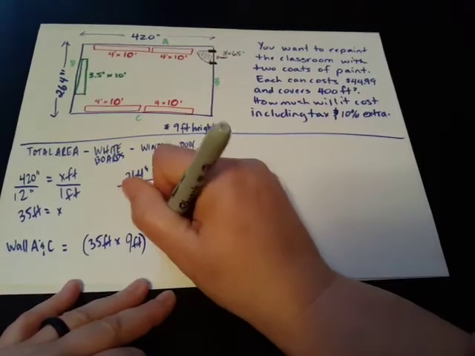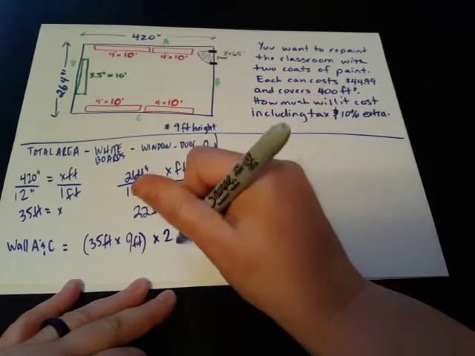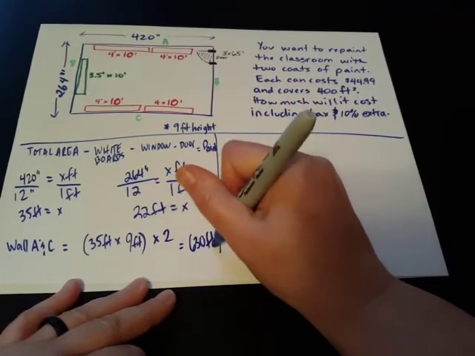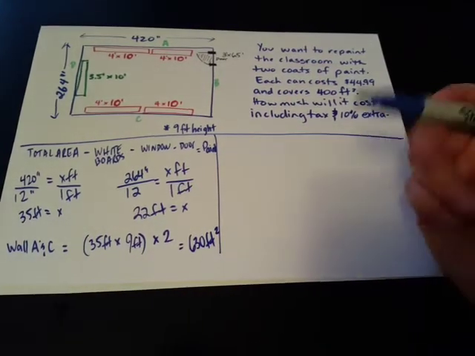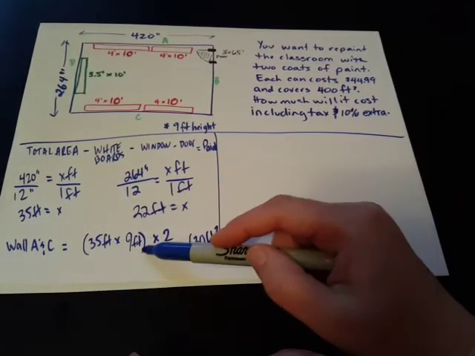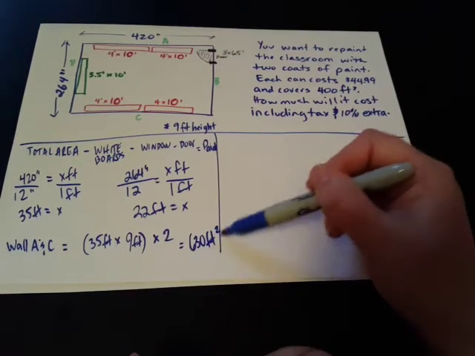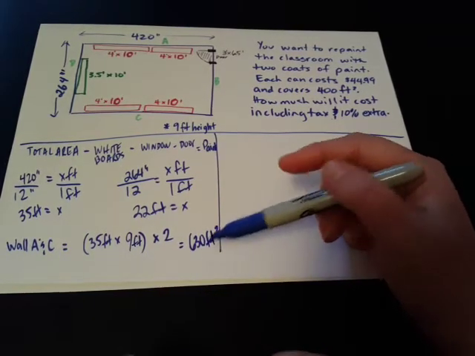And we're going to need 2 of those walls. Just take note here that we've got feet times feet. Feet times feet is square feet. So now we've found the area of wall A and C.